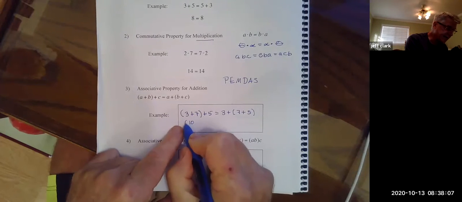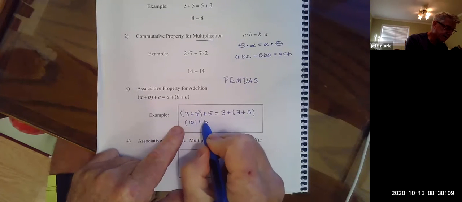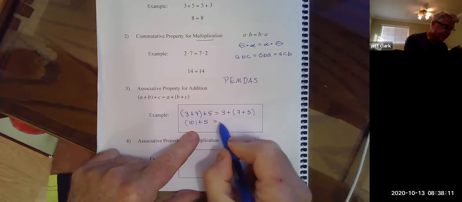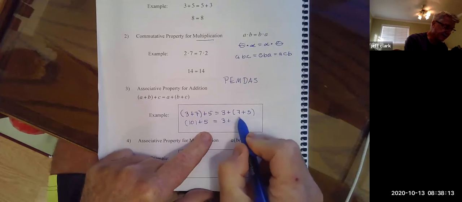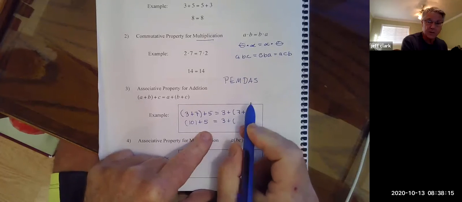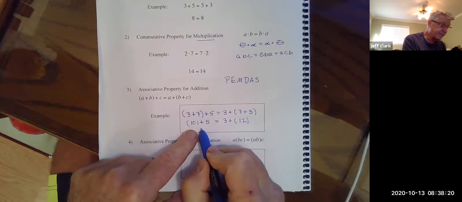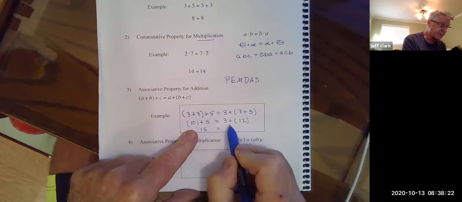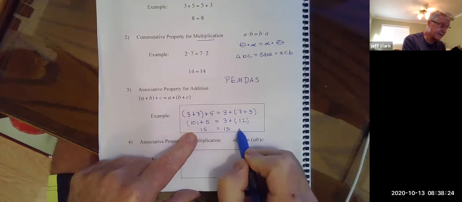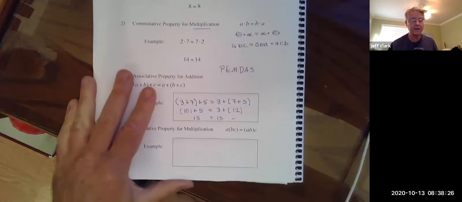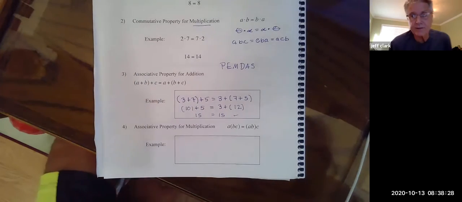I have 10 plus 5. I wonder if that's the same as 3 plus, and over here you do the 7 and 5, which would be 12. Is 10 plus 5, 15, the same as 3 plus 12? It is 15. It's just a demonstration of something you would naturally probably do.